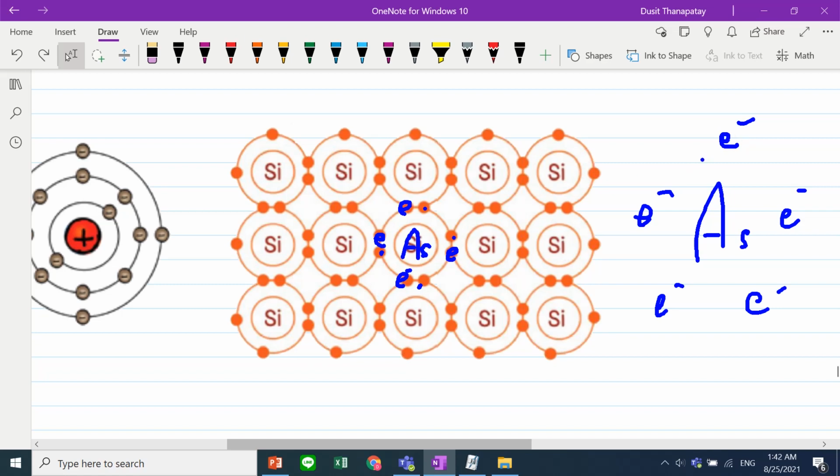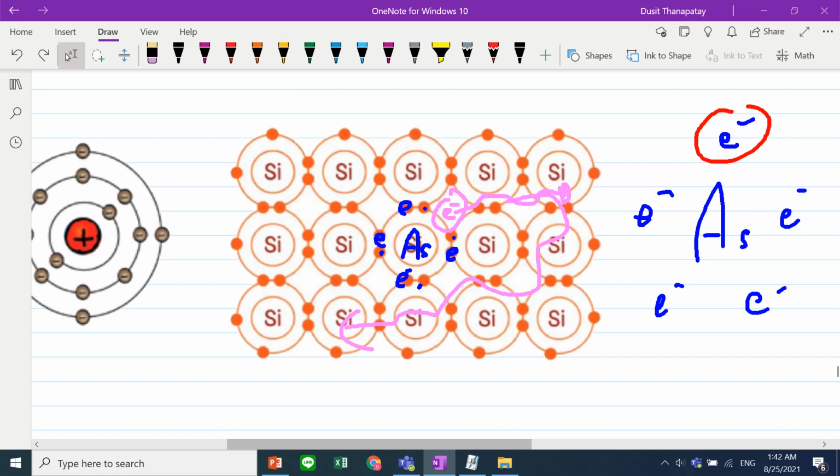But one electron is left with no bond to the silicon around it. That means it's possible that this electron can move, can be a free electron. That means this electron can go to any place in the solid, right? So now this one is a free electron.